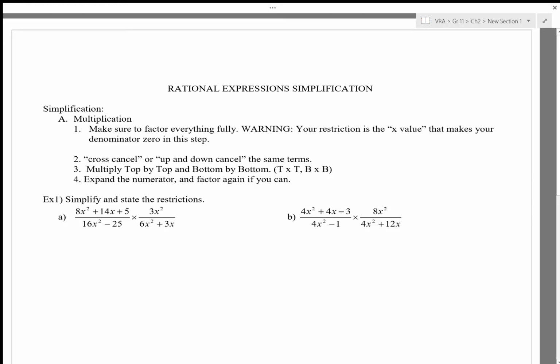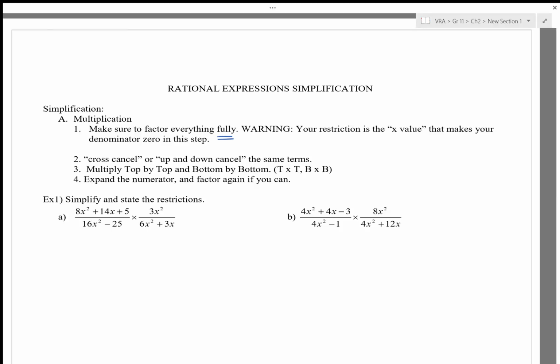When you multiply, the very first thing is that you have to factor it, and factor it fully. One thing you have to remember though is that when you factor fully, before you cancel anything, you have to state the restrictions.